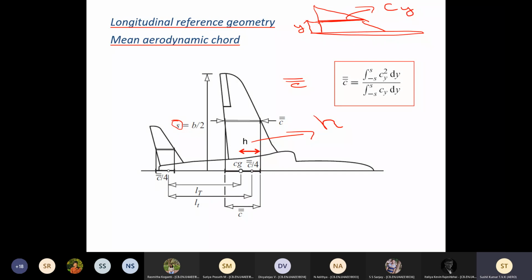So that makes it c subscript y. All you have to do is fit some equation in terms of maybe the root chord and tip chord. Let us say this is your tip chord. You can always write the equation based on the geometry and find out C double bar.